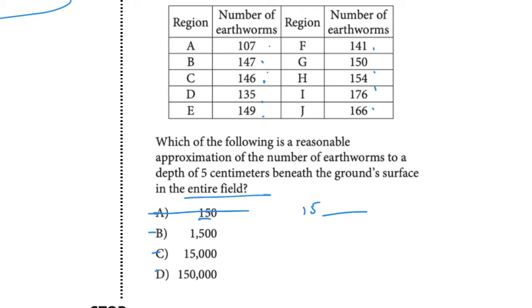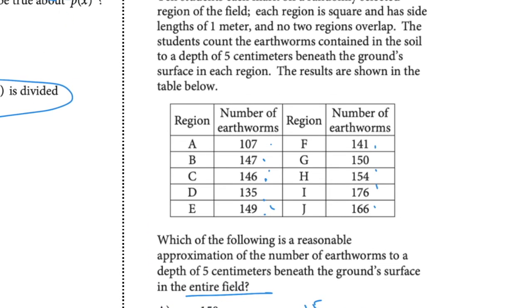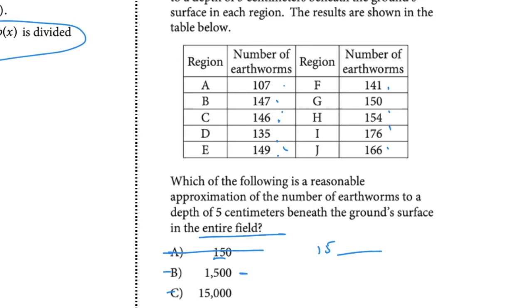Well, we've got 10 little squares here. 10 times 150 would be 1,500. But again, is this the entire field? No. And here's how we know. The field is 10 by 10 meters. 10 by 10 means 100 square meters. There's only 10 measurements here.